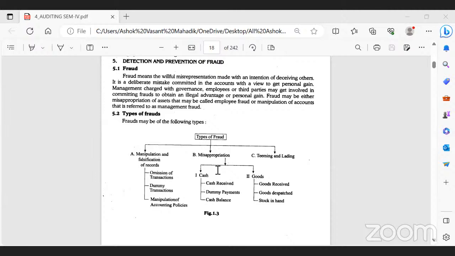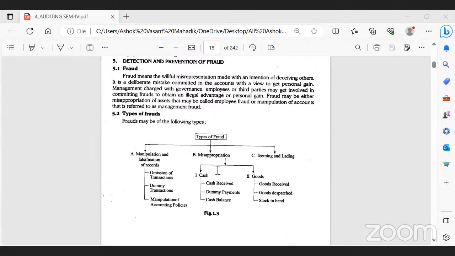That is misappropriation. Sometimes misappropriation is done with the goods also. There are small thefts in the company. So there are two types of frauds: one is manipulation or falsification of record books of accounts, and the other is misappropriation of cash and goods.